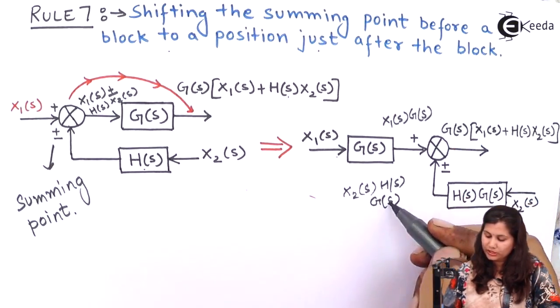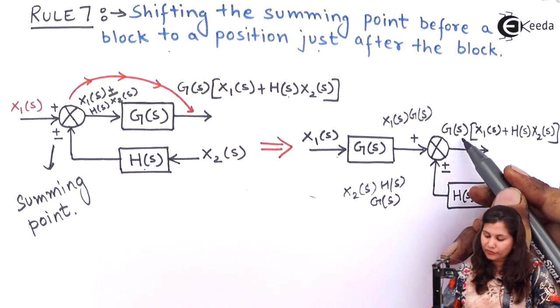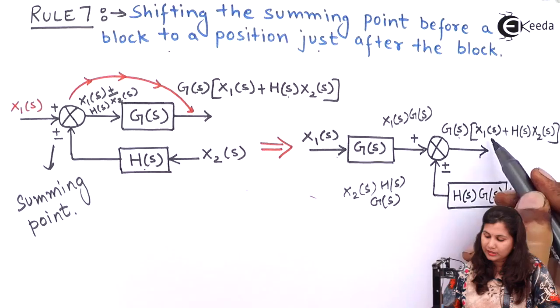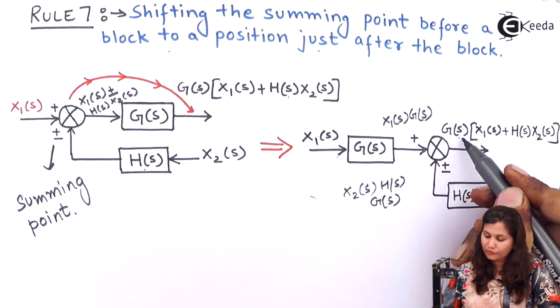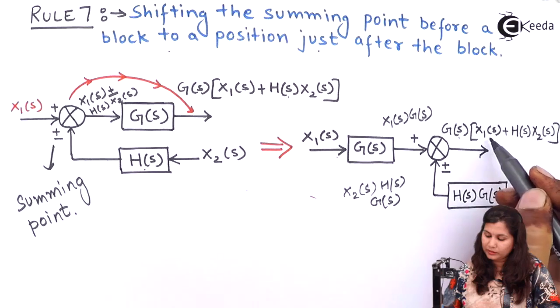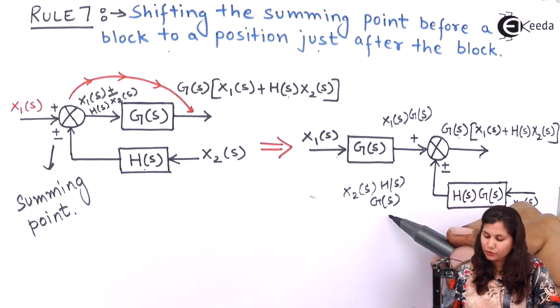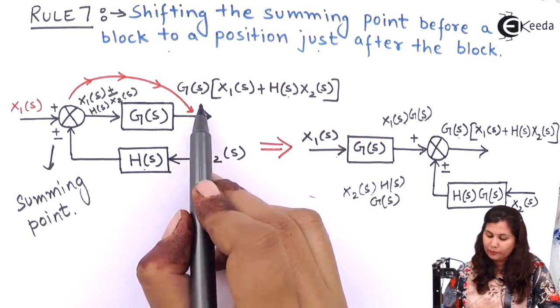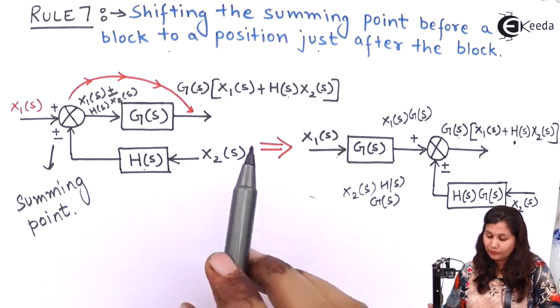Now these two signals are given as an output, so we will get G(s) common in both. So we are getting G(s) as common, and inside we will have X1(s) plus minus X2(s) H(s). So in both the cases we are getting the same output.